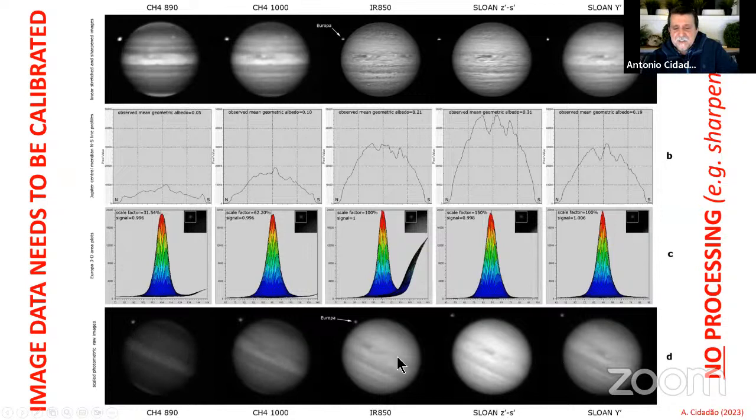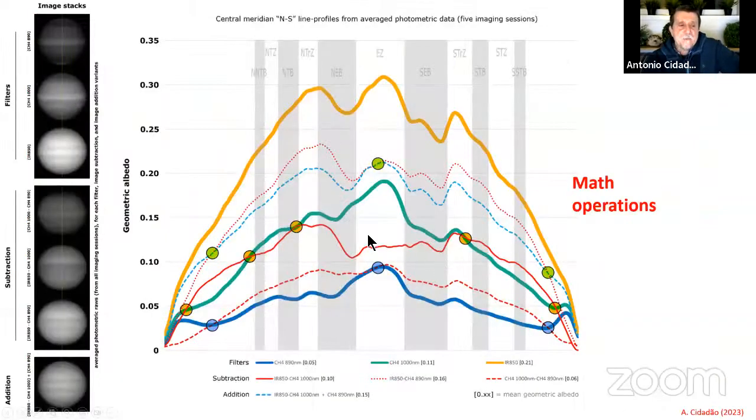These are calibrated images, raw, non-processed, which can subsequently be subtracted or used to produce ratios between them to retrieve information. And when this type of operation is guaranteed, then we can perform subtraction between individual filtered images, or even addition in some selected cases.